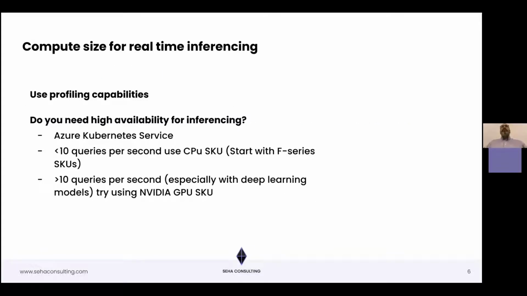So we talked about picking a compute size for starting up a POC for development or training. Now we're talking about what type of compute you should pick when you're trying to do inferencing. And inferencing, maybe I glossed over it earlier on. What inferencing basically means is when you're at a point when you're scoring new data that's coming into your existing model.